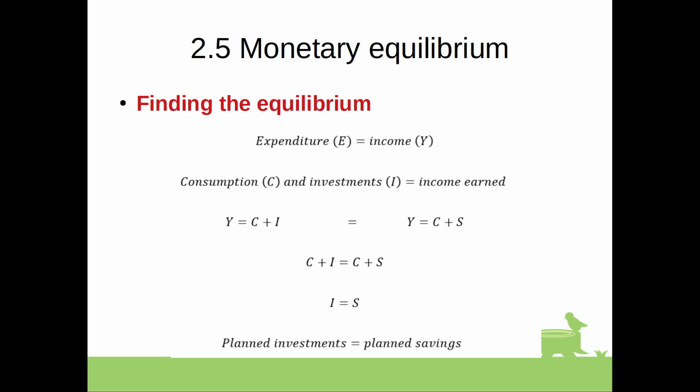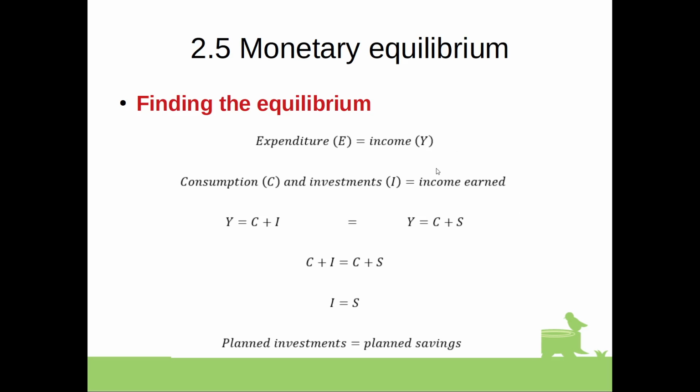Last year we saw that we often used Y to start with our equation, and now we can see that C plus I will be this over here. Income earned is C plus S. What's S? S is about savings.